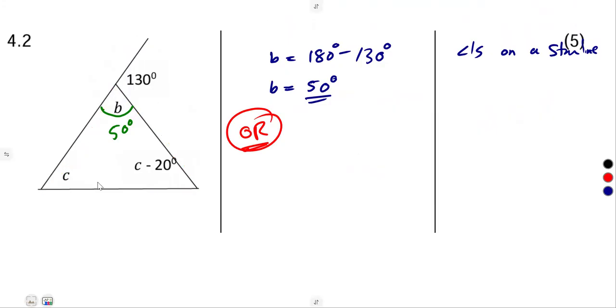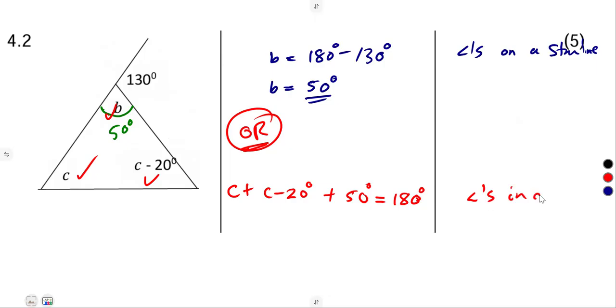If I add C to C minus 20 to the 50 degrees representing angle B, we must have 180 degrees, angles in a triangle this time. You can use that one, angles in a triangle.